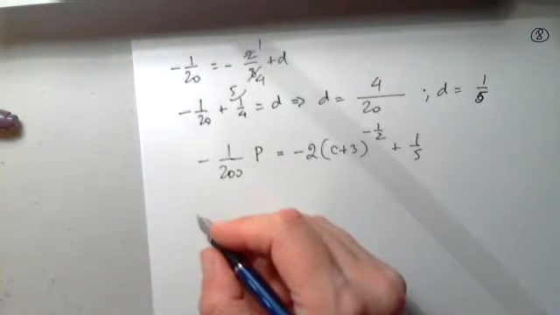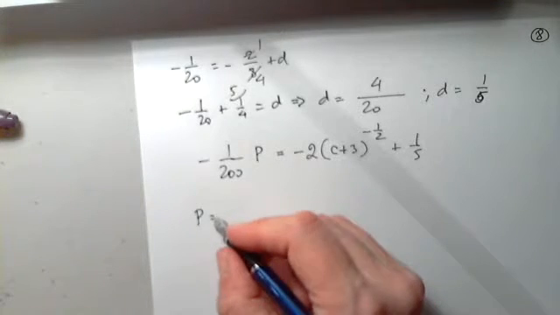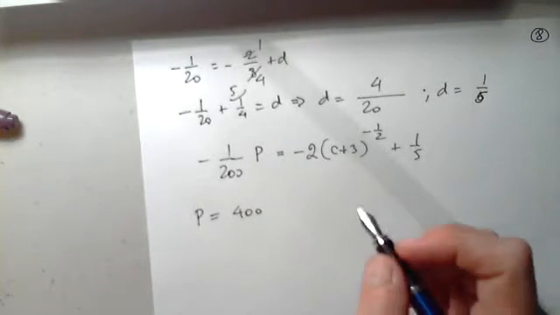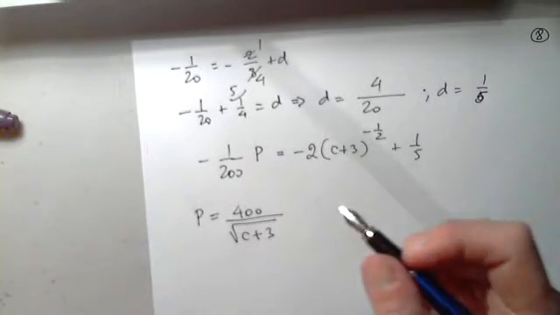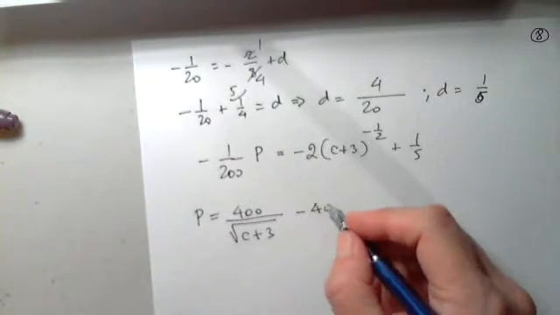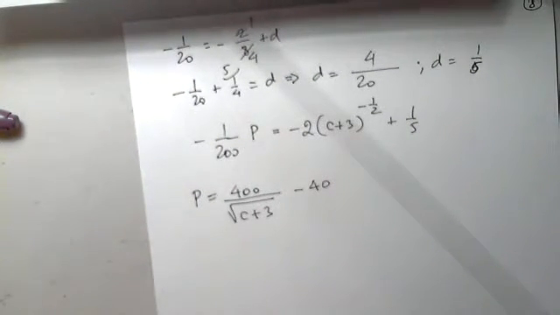I need to find P, so I'll multiply both sides by negative 200. So 400 over the square root of C plus 3, minus 40, since 200 divided by 5 is 40. So we got the profit function.